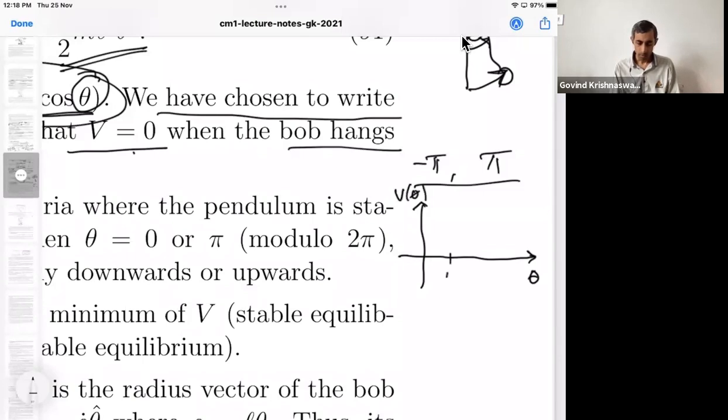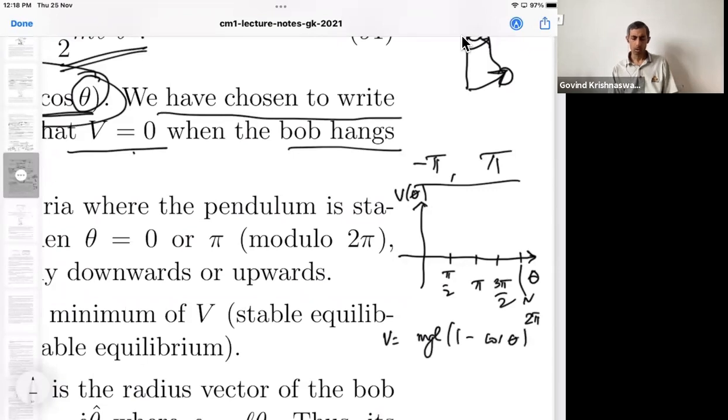So I go from pi upon 2, pi, 3 pi upon 2, and 2 pi. And V was mgl, it's all constants, times 1 minus cosine theta. So at theta equal to 0, we arranged it so that V is 0, right? That is guaranteed, and 2 pi is the same physically, so it must be the same.